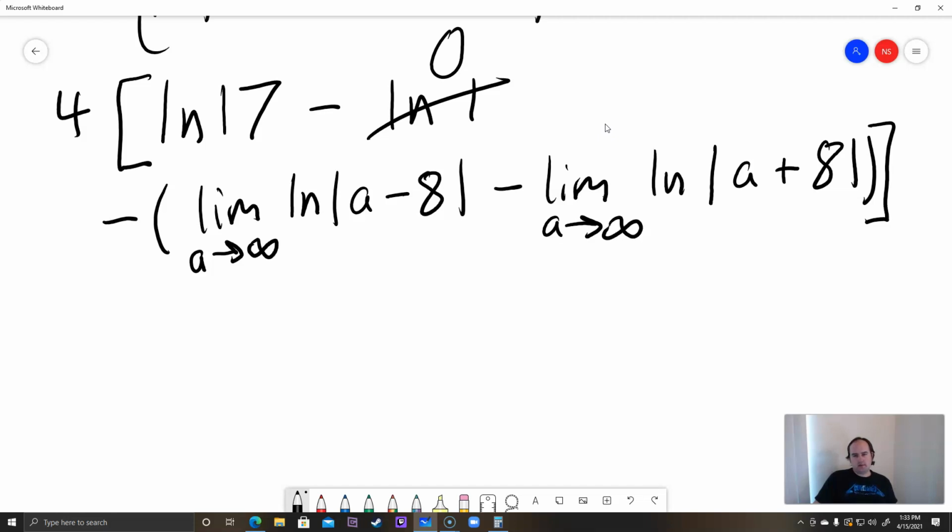Okay, so if you're not sure what that is, you're welcome to use a grapher. But if you are sure what it is, then you might be able to do it in your head. So what's going on here is if you look at a grapher, we're looking at natural log of absolute value of x.